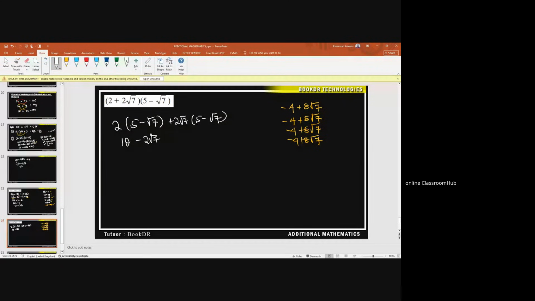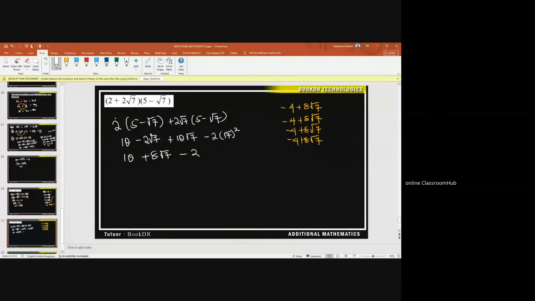Then when we come here, 2√7 times 5 will give us 10√7. Then 2√7 times √7 will yield minus 2 times √7 squared. We have some like terms here. So minus 2√7 plus 10√7 will give us 8√7.